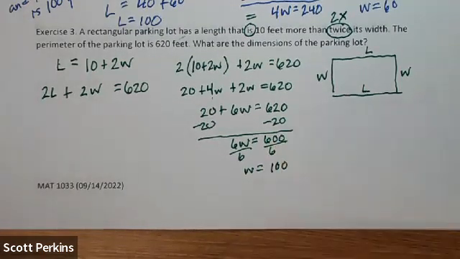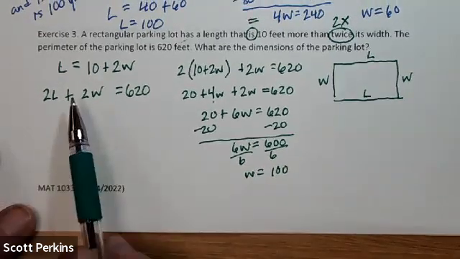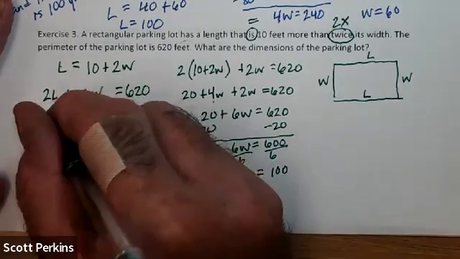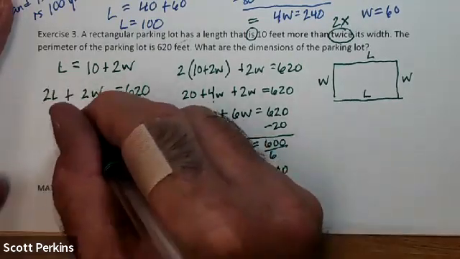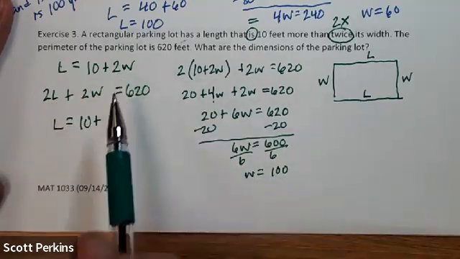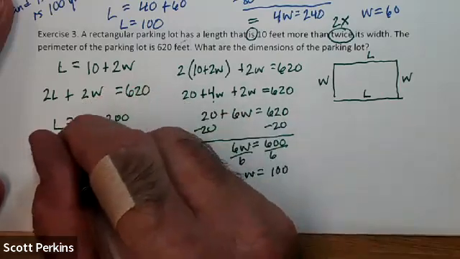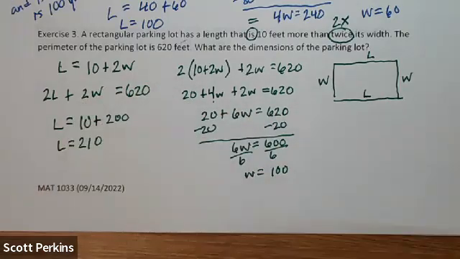There's my width, 100. The length can be found by using either of the 2 equations over here that I started with. I'm going to use this top one. The top one says that the length is 10 plus 2 times the width. That's 2 times 100, or 200. So 210.